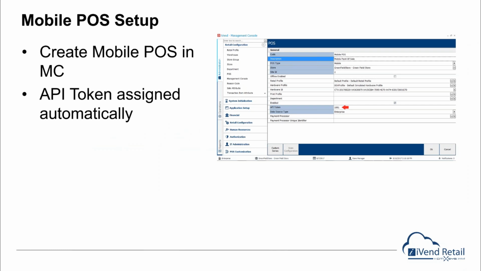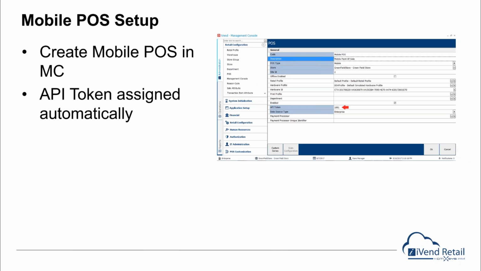iVend Mobile POS configuration is a real simple process. One thing that you have to do first on your iVend terminal POS is go into your management console, and then create the mobile POS record for your new mobile POS.